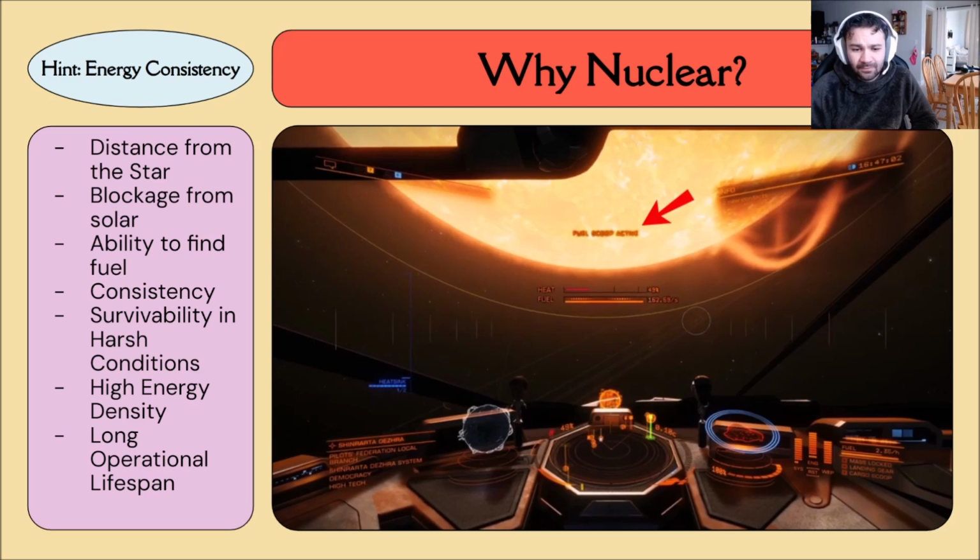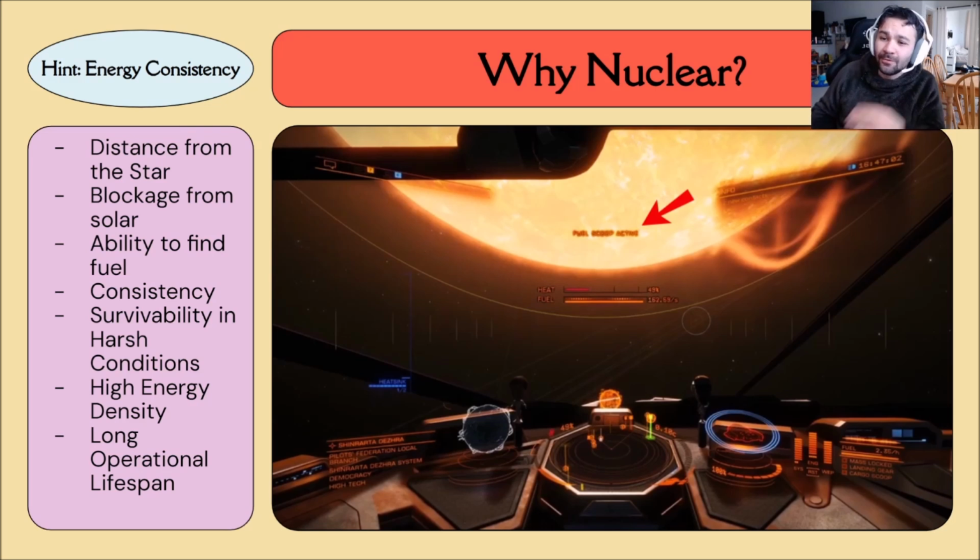And even if the planet is blocking the star, like during the nighttime or when we're on the other side of the planet, where the planet blocks the sunlight, then we're not getting any type of power generation from the star in that case. So it's a very inconsistent power source. And also, I would say, the ability to find fuel.